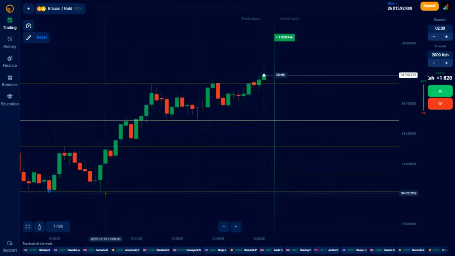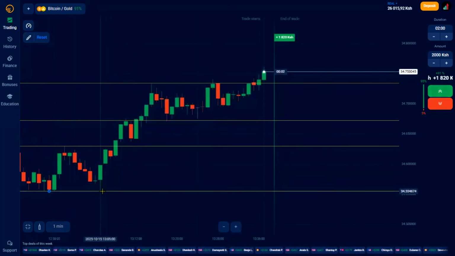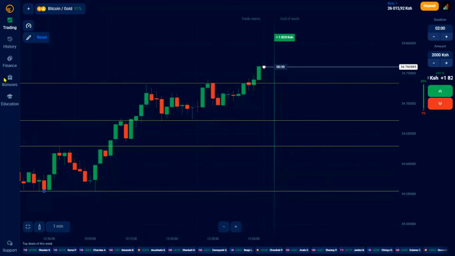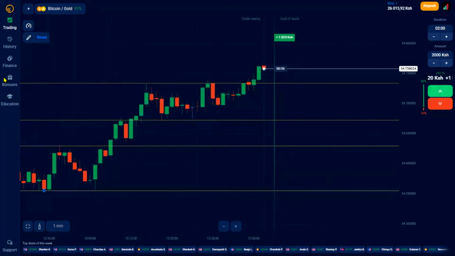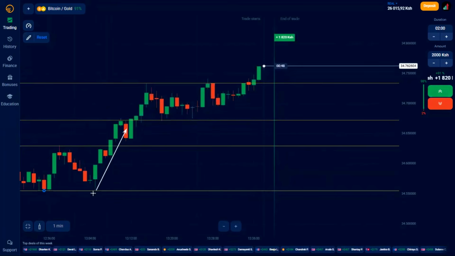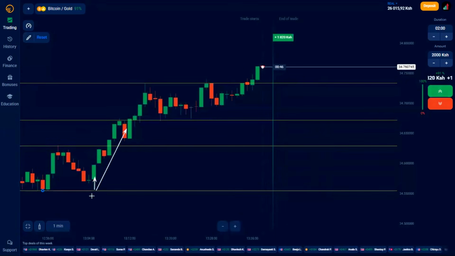If you look at this area here, this is a zone, and the price was unable to break to the downside. Let me pick a pen here. The price was unable to break to the downside, so there was a reversal to the upside. This wick tells us that there is something that pushed that candle from this level to that level, and it closed here.